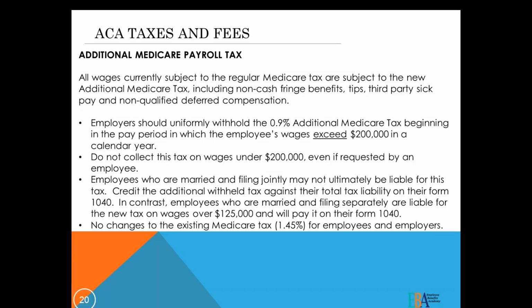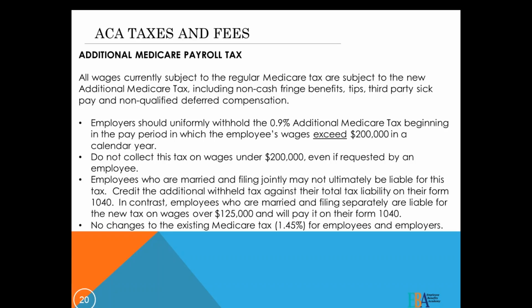In contrast, if you have an employee who is married and filing separately, they're liable for the new tax on wages over $125,000, and they'll pay it on their Form 1040. So another example, let's say Seth has $130,000 in annual earnings. Employers only withhold the additional 0.9% on wages over $200,000.